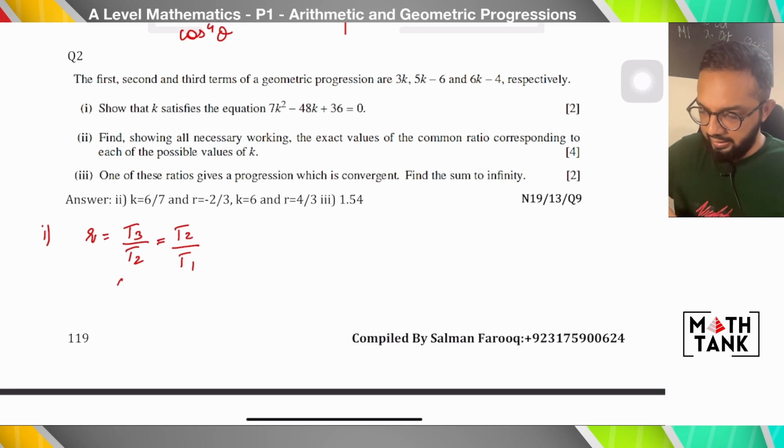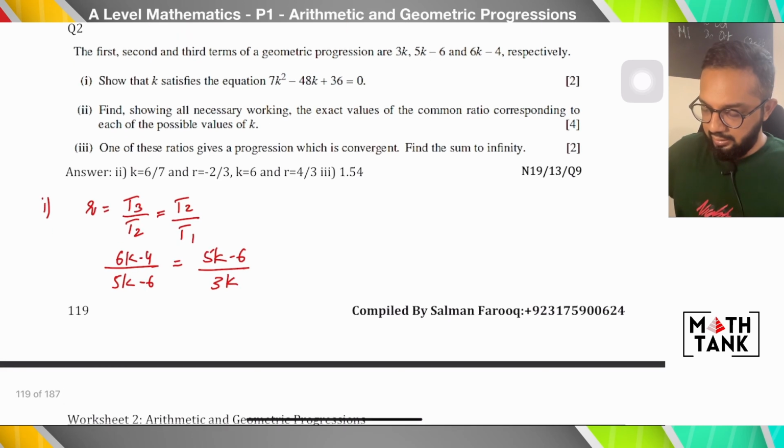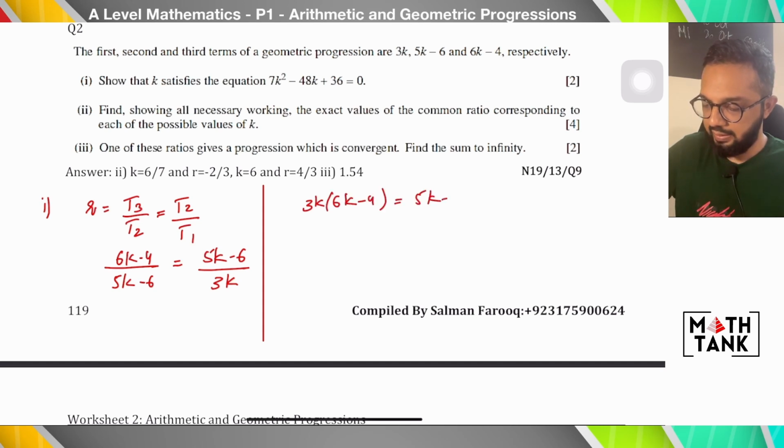So I can say that 6k minus 4 over 5k minus 6 should equal 5k minus 6 divided by 3k. Cross multiplying gives me 3k into 6k minus 4, and 5k minus 6 into 5k minus 6, which is 5k minus 6 whole square.